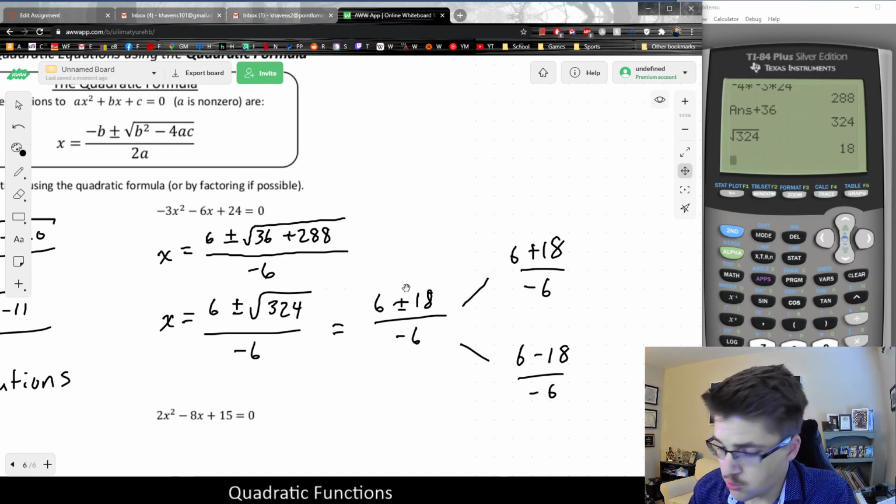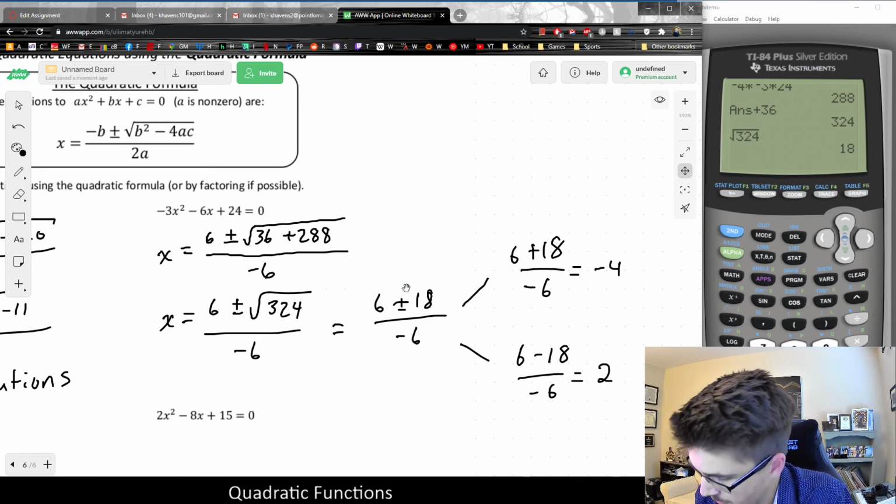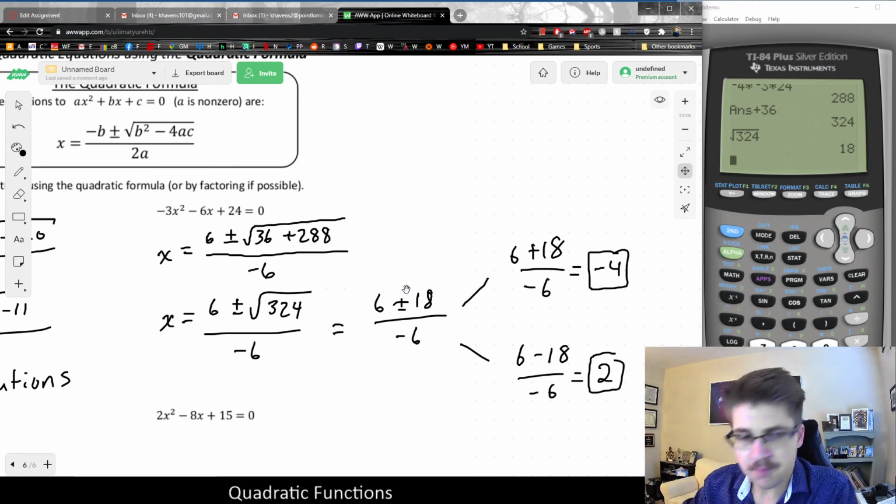And that would be, of course, 24 over minus 6, which is negative 4. And then I would have negative 12 over negative 6, which is 2. And I would get the two answers to my equation, 2 and minus 4.